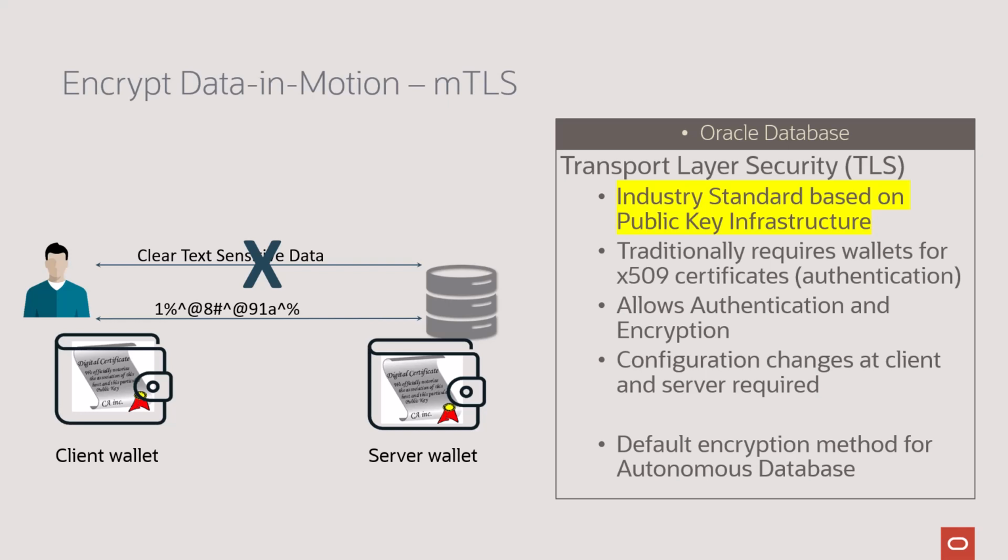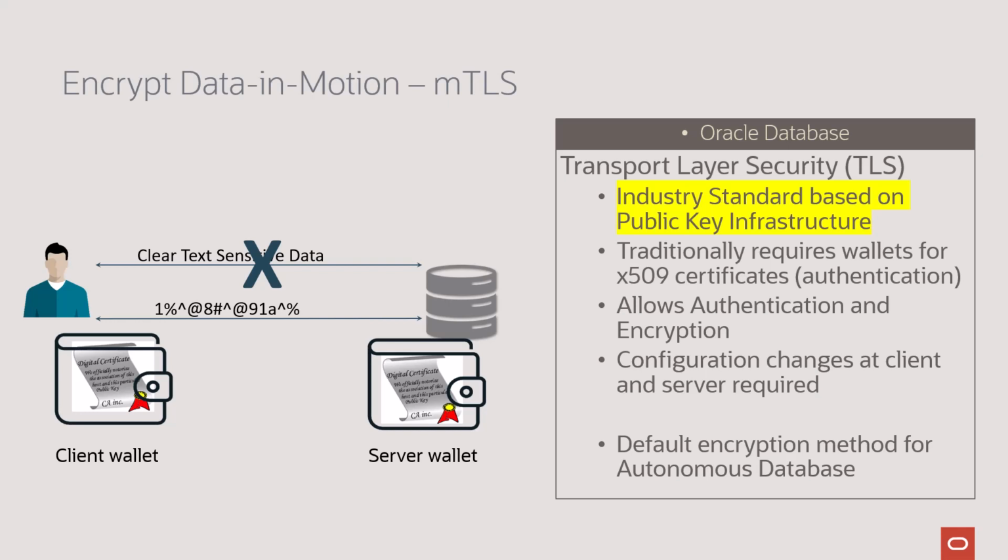Now, if you have used Autonomous, you know that we have relaxed this mTLS configuration for some time, and at least under certain conditions, you can do TLS instead of mTLS. And in that case, you no longer need the client-side wallet.